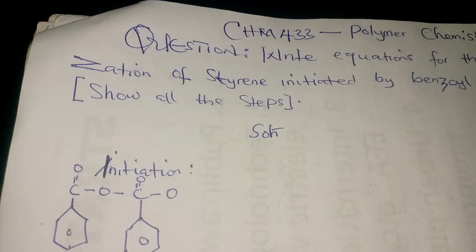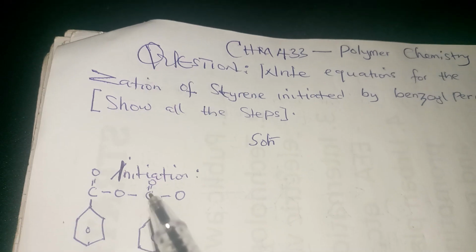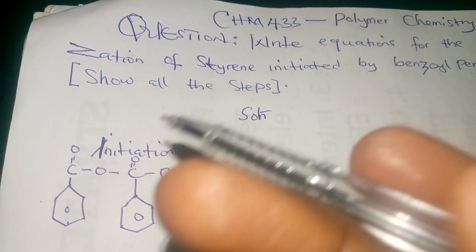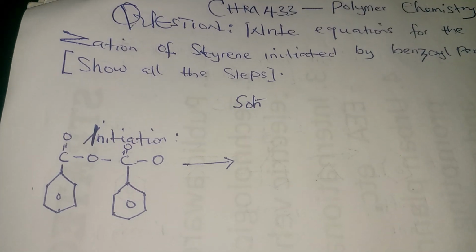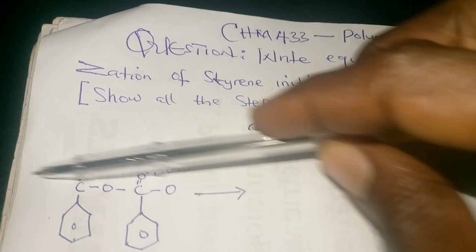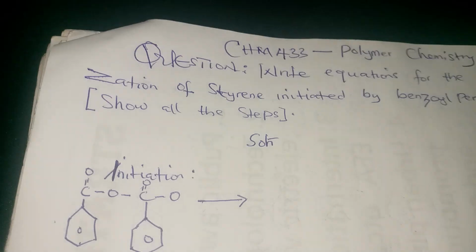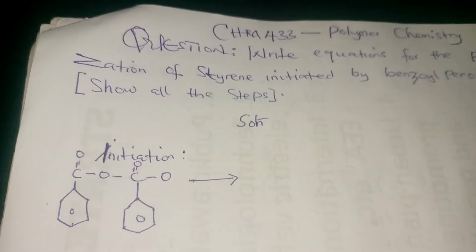Now, at this stage, you have to heat the benzoyl peroxide. Why do you heat it? So you can remove the carbon dioxide. What we are interested in is the free radical.